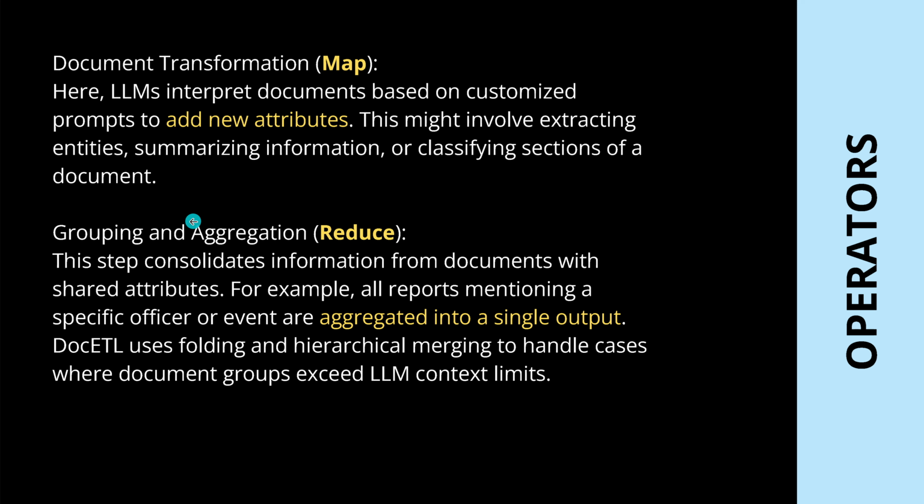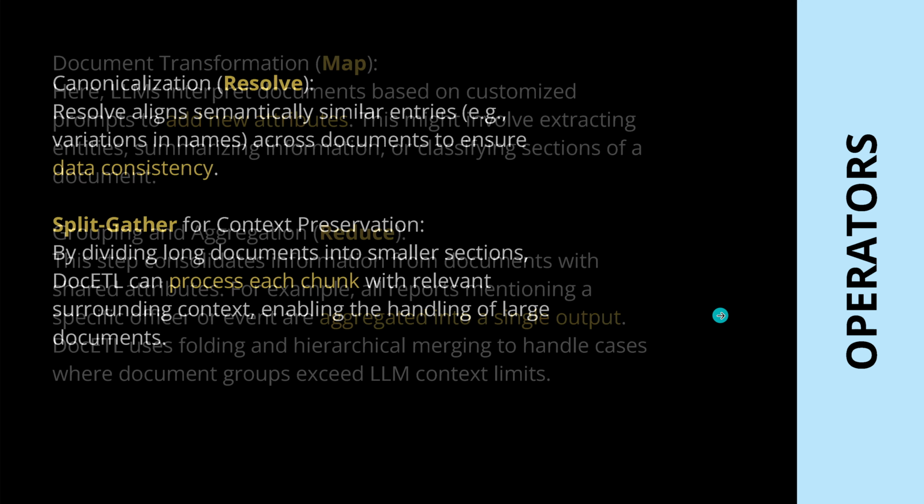If you have multiple documents, we have a reduce operator, and this consolidates information from documents with a shared attribute. So all the reports, all the documents mentioning a specific name or a specific event or whatever are now aggregated into a single output. So we kind of rewrite the original text with a view on how to present this content to our LLM. Yes, I told you it's going to be simple and easy.